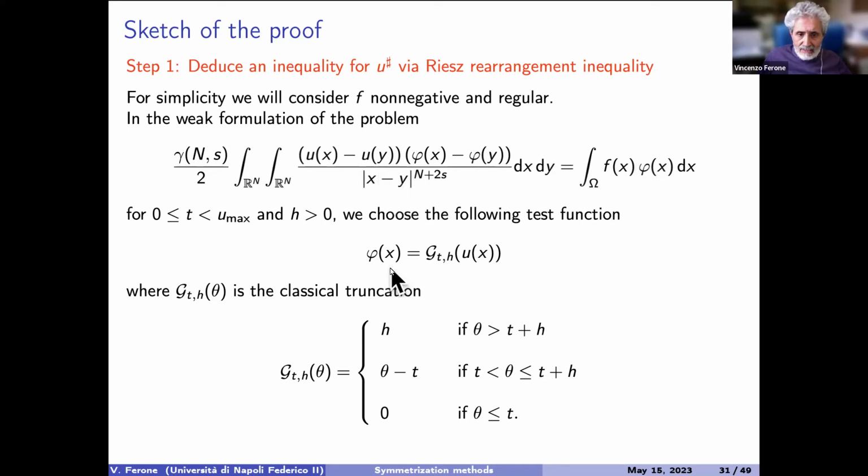We use the test function phi of x as the function which is a truncation of u. This G_{t,h}(θ) is 0 if θ is less than t. It's θ minus t if θ is between t and t plus h. And the function G is h when θ is greater than t plus h.